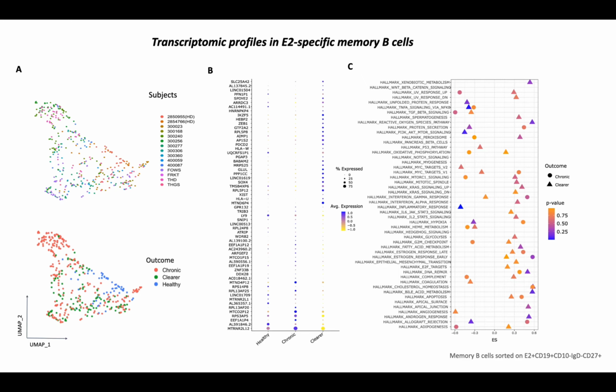So we did this for healthy, chronic, and clearers. We wanted to see which genes are expressed differentially in these cell types. We observed mainly inflammatory genes belonging to the TNF alpha and NF-kB pathway, and inflammatory response, which is enriched mainly in chronics and less in clearers.